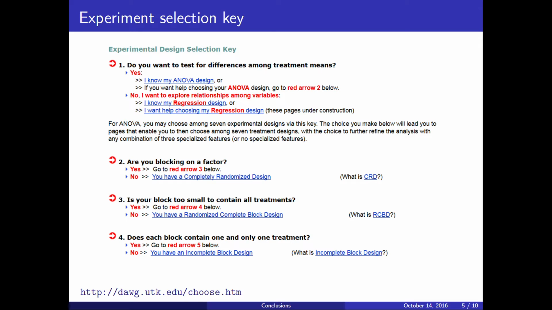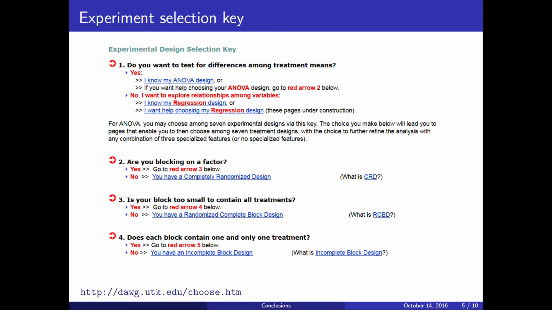Another way to choose the experiment design would be these kinds of guides, and here I'm giving you one example. It is not necessarily the only one, so it depends on what the goal of the experiment is.